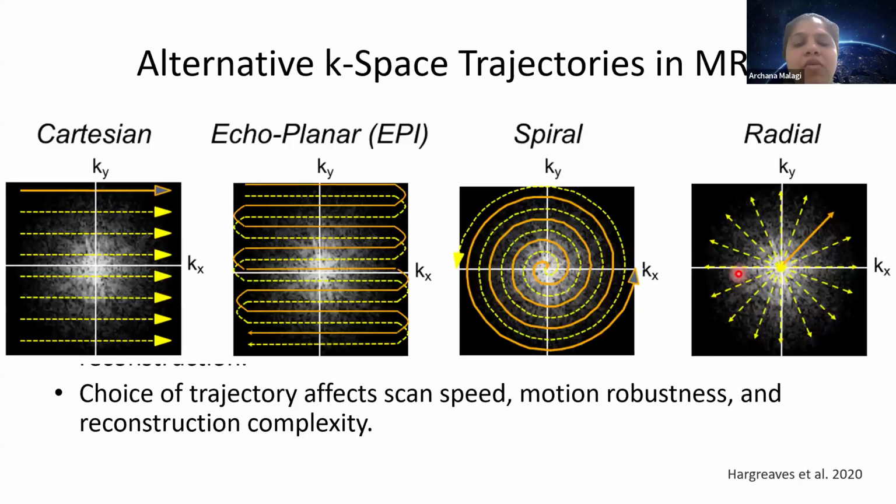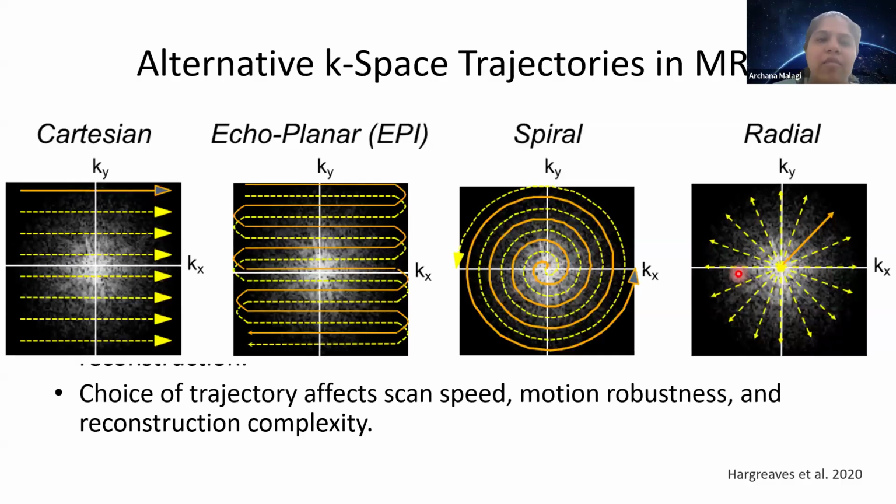So now we have this K space. How do we reconstruct it? Spiral and radial become very complex to reconstruct because they are non-Cartesian, and Cartesian is very easy.